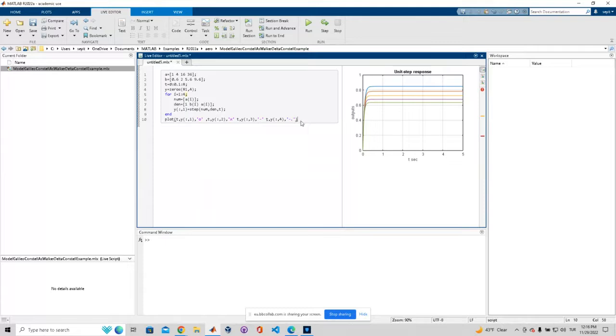So see the difference from the other one. Right, the last one, you write grid here for the plot, and then you label your X label, which represents our time, T seconds, and Y label, our outputs.